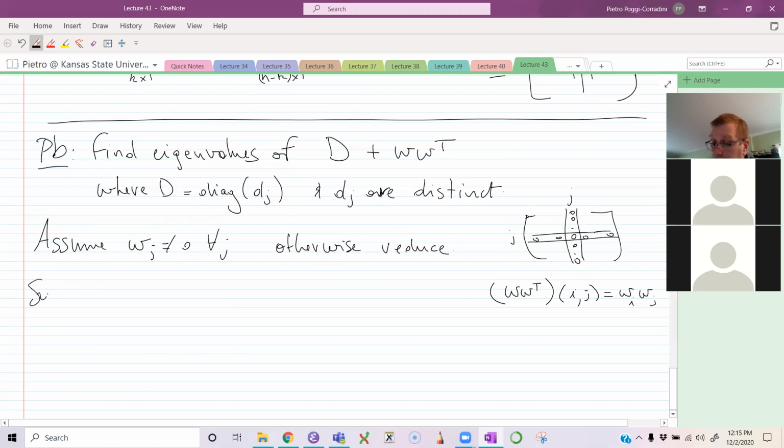And let's suppose that we have an eigenvalue. So w w transpose u plus D u is lambda u, for some non-zero vector u.